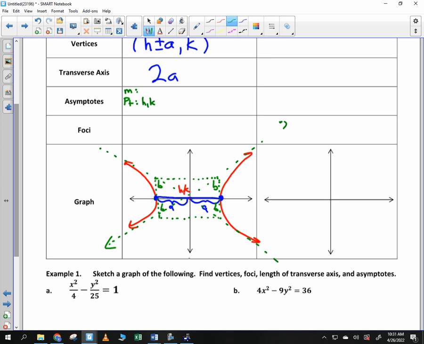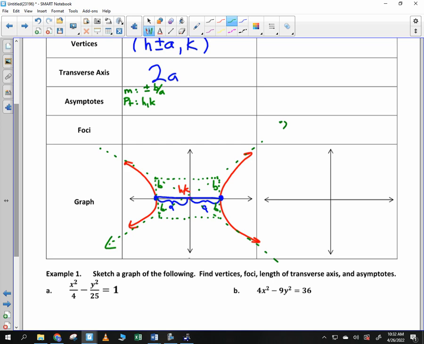Now, let's look at the slope of these lines. What's the rise of these lines? b. What's the run? a. Now, one's positive and one's negative, right? So therefore, the slope is plus or minus b over a. And everybody remembers how to write an equation for a line, right? y minus y1 equals m times x minus x1.